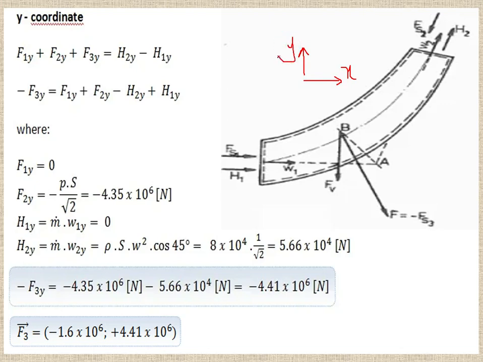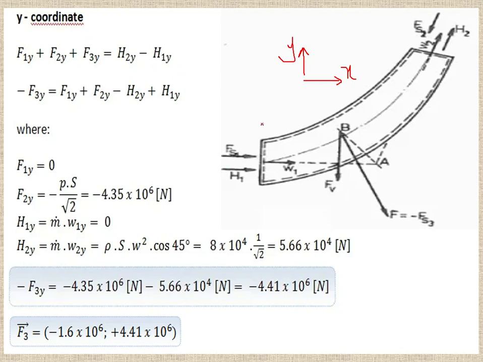The conservation of linear momentum equation we have already analyzed and developed in the x direction. Now we are going to analyze the conservation of momentum equation in the y direction. So the net force acting in the y direction is equal to the rate of change of momentum in the y direction. So what are the net forces in the y direction?